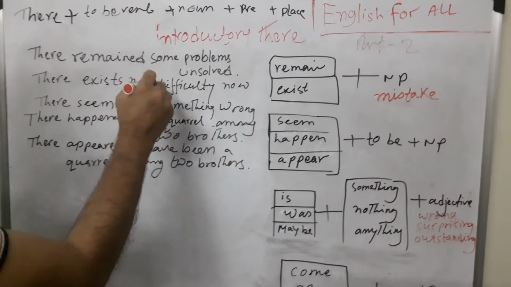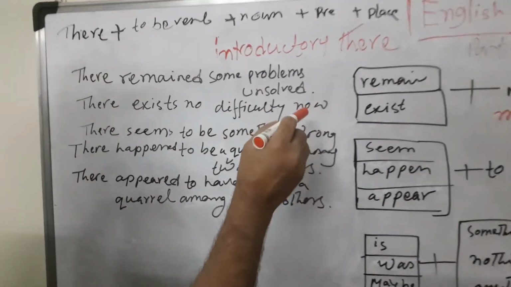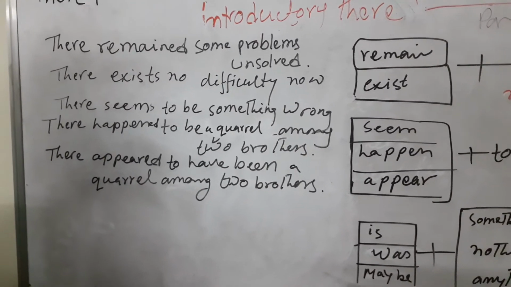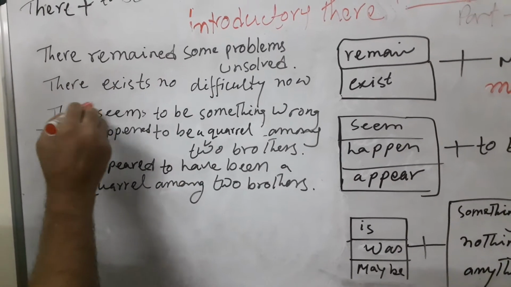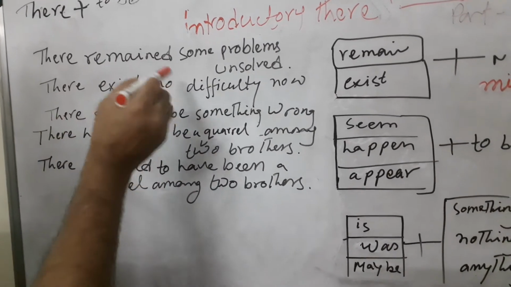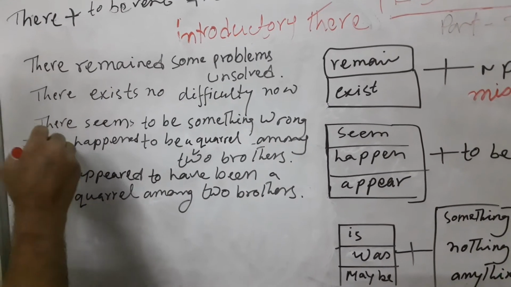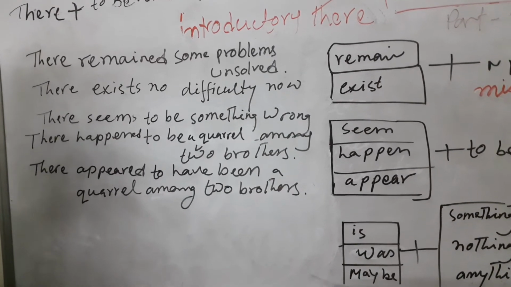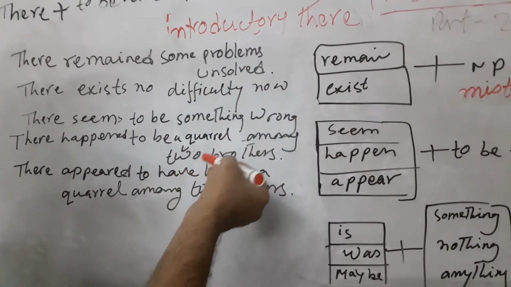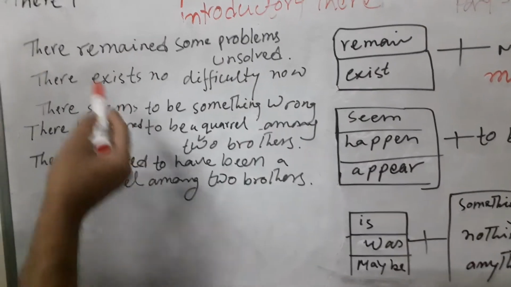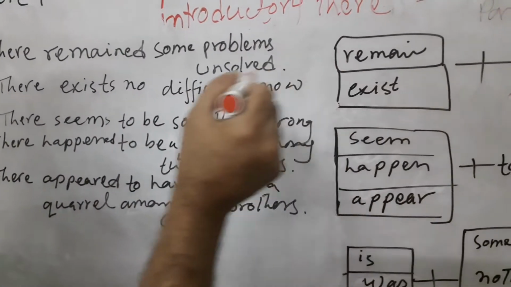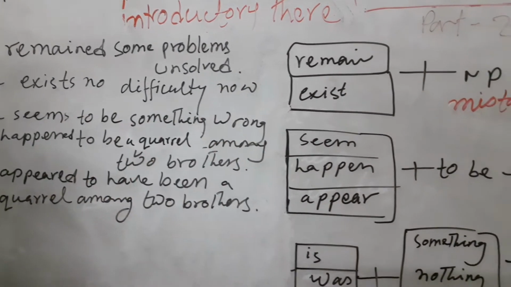There remained some problems unsolved. এর অর্থ হচ্ছে কিছু অমীমাংসিত সমস্যা রয়ে গেছে অথবা রয়ে গেল। There exists no difficulty now. এখন আর কোনো সমস্যা নেই। You can make other sentences like there remained some mistakes.